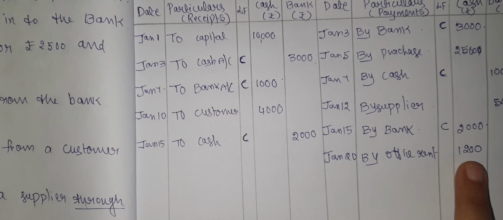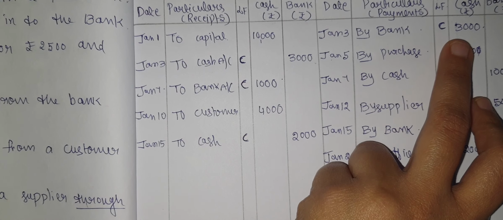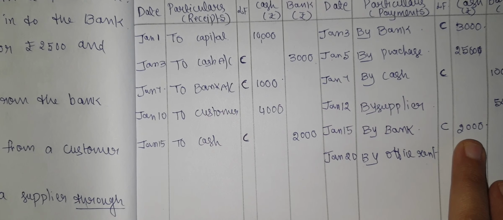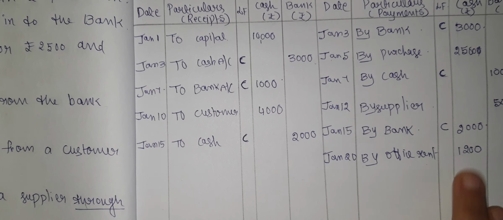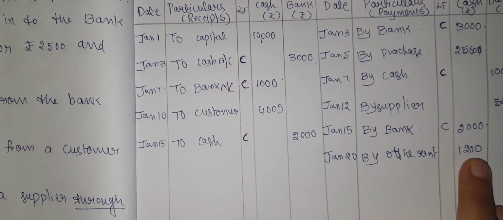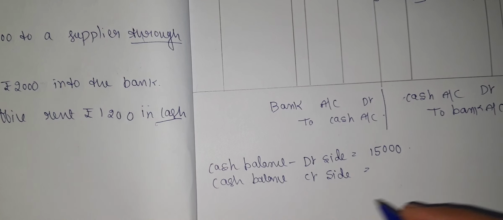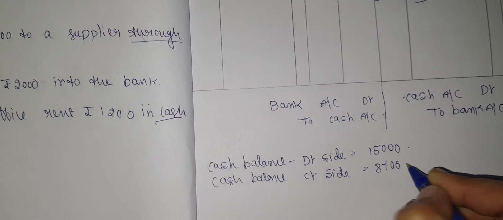That is rupees 8,700. One more time I will check. 3,000 plus 2,500 plus 2,000 plus 1,200. Yes, that is rupees 8,700. See, write down 8,700.